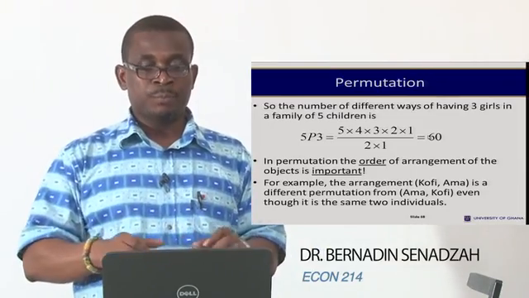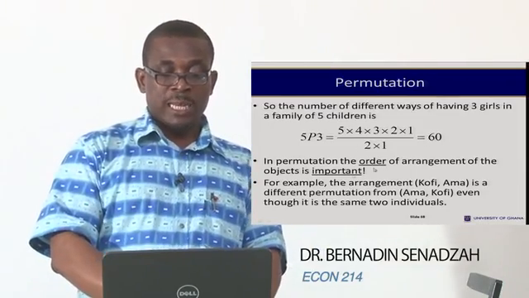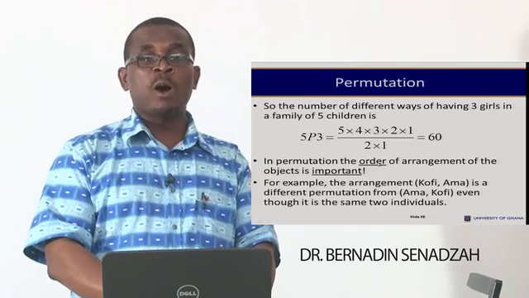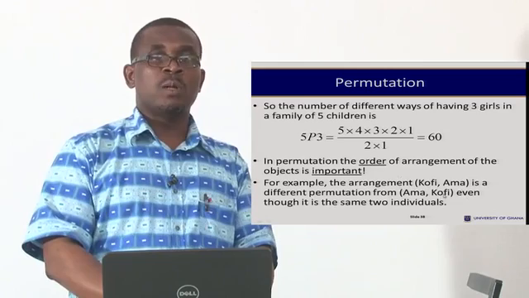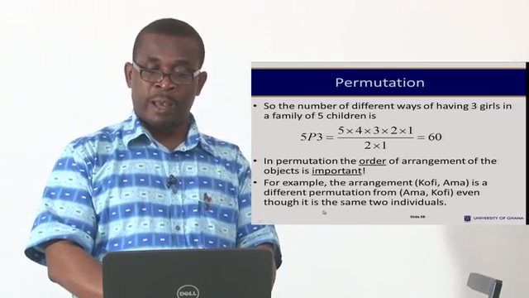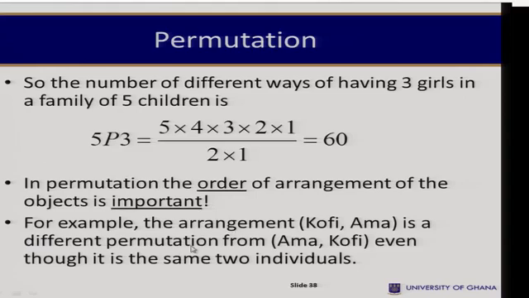3 girls. Okay? Now, what is crucial is that in permutation, the order of arrangement is important. We are not looking at the individuals, but rather the positions they occupy. So, for example, an arrangement where Kofi comes before Amma is different from an arrangement where Amma comes before Kofi.